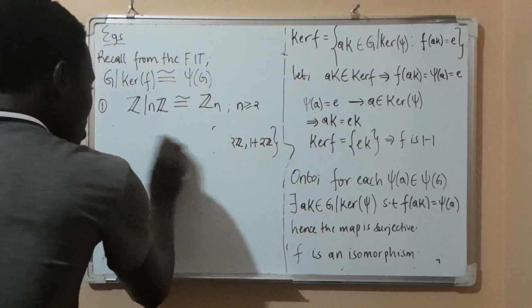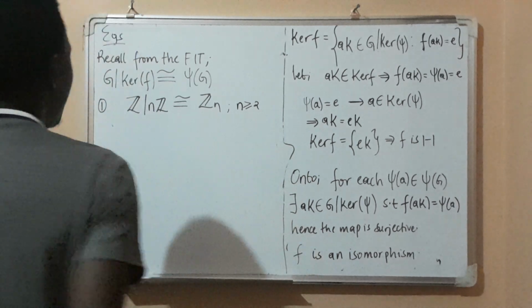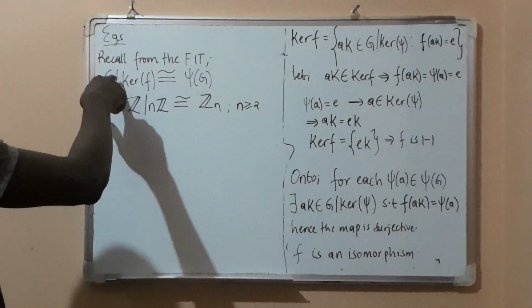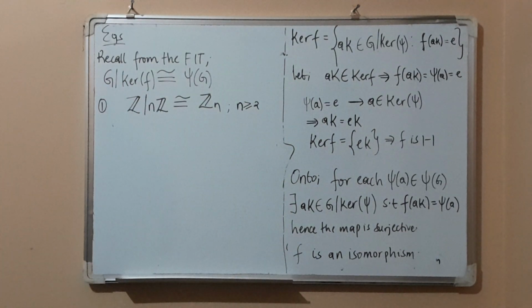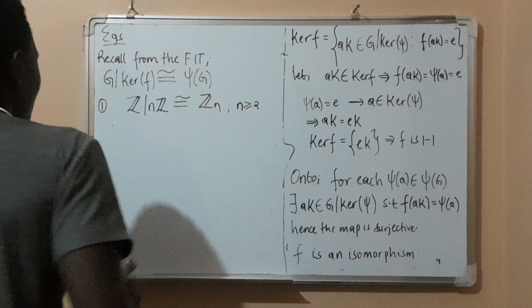The first isomorphism theorem states that G factor kernel of phi is isomorphic to phi of G. So that means that if I want to prove that this is isomorphic to that, it's enough to show that. Okay, let me first define this map.